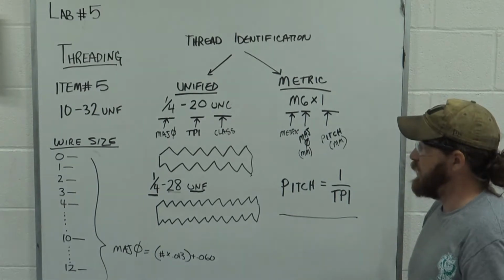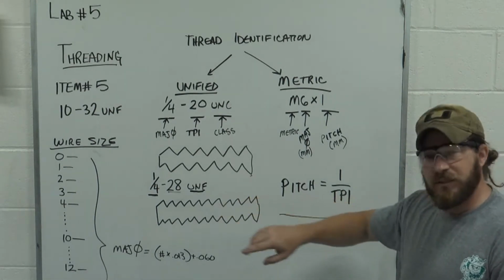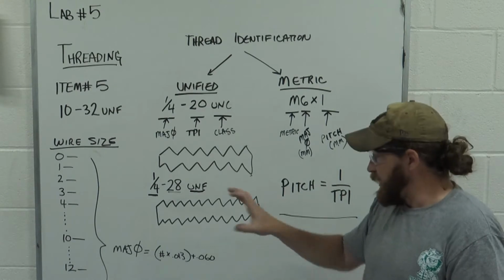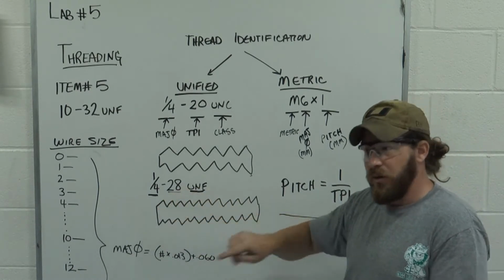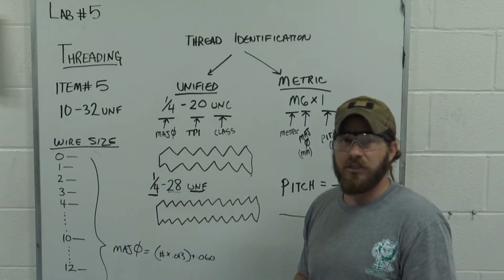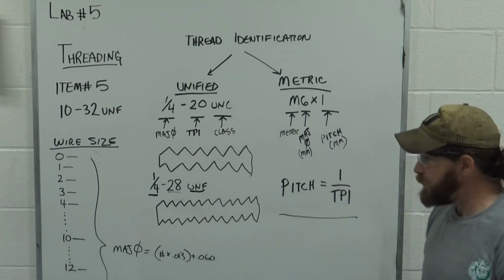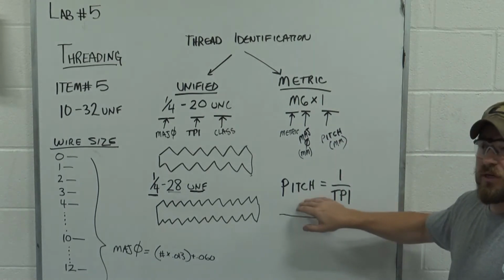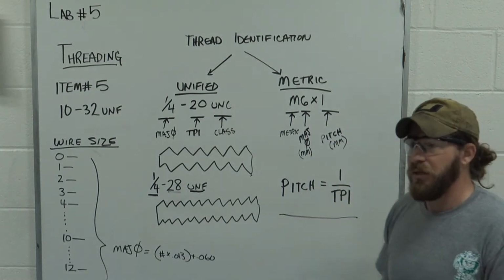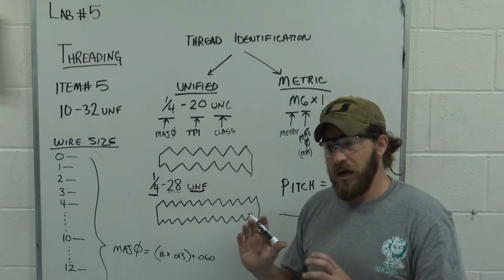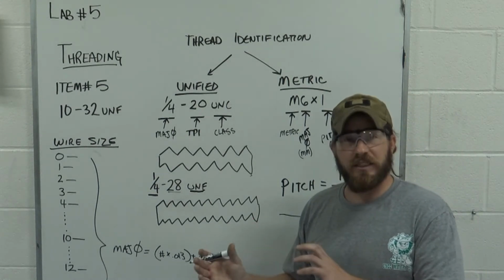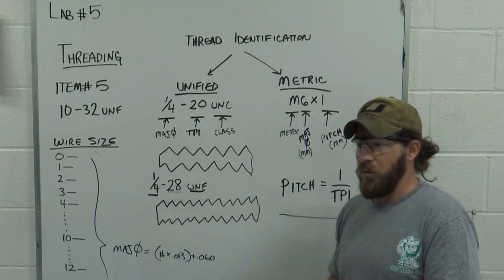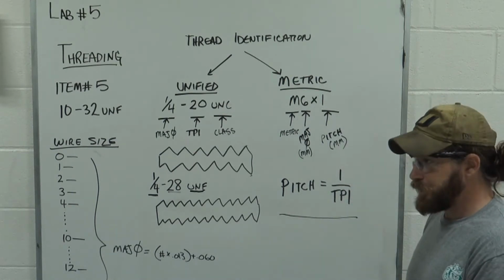For this, one full revolution, since it's a finer thread, will only be 1/28th of an inch. So pitch is important, especially if we're making precision threads to move translation stages or other equipment.